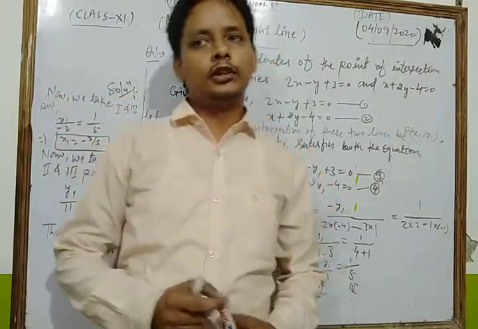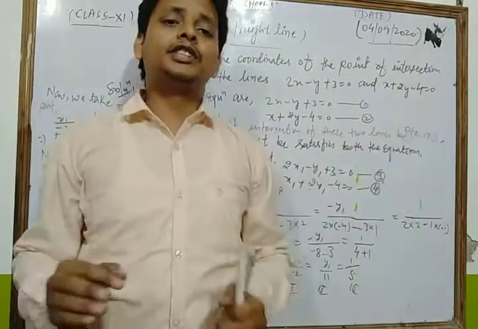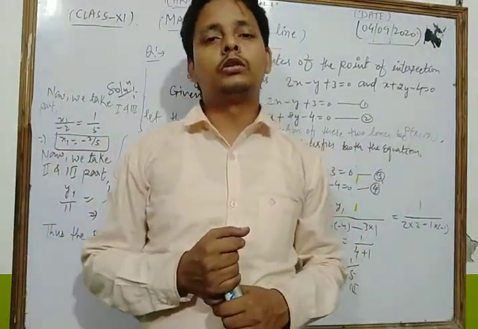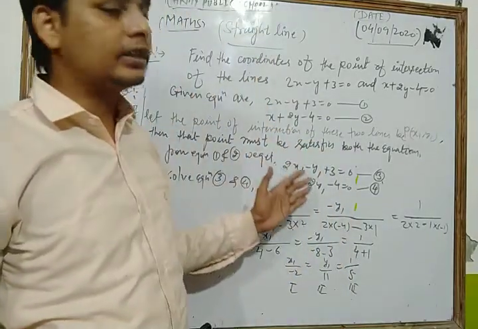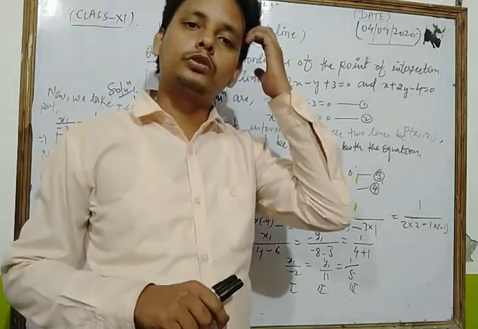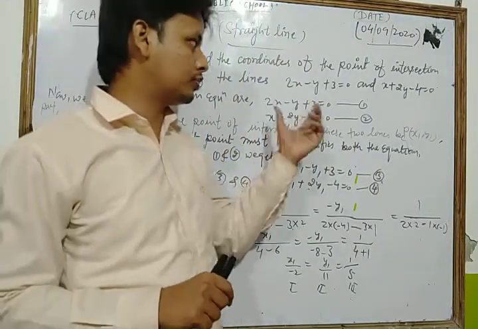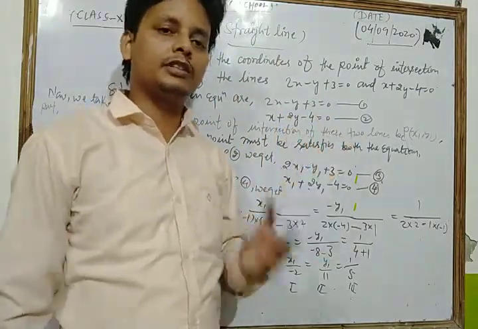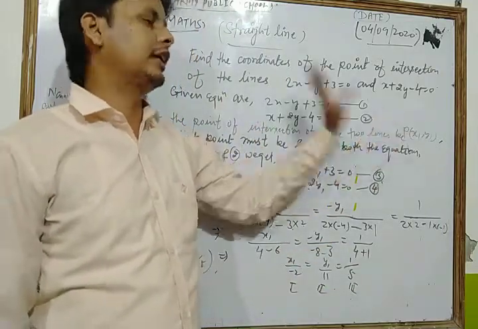Thus, dear students, in this way you can solve each and every question of your NCERT exercise based on this topic. This is one of the most important topics of your syllabus. Let's see once more. In this type of question, first of all you write the given equations as they are, and take them as equations 1 and 2.